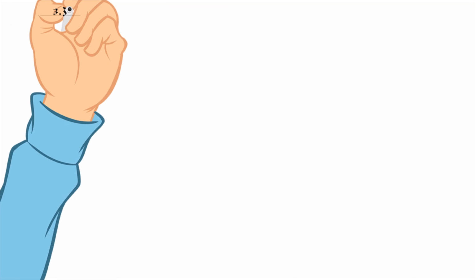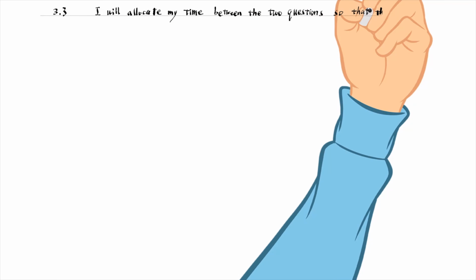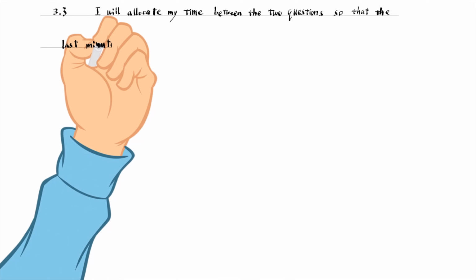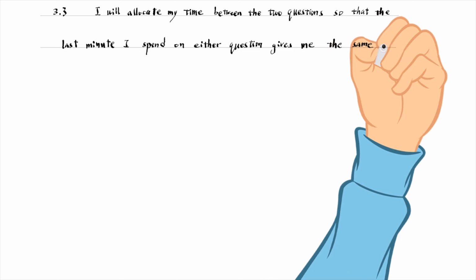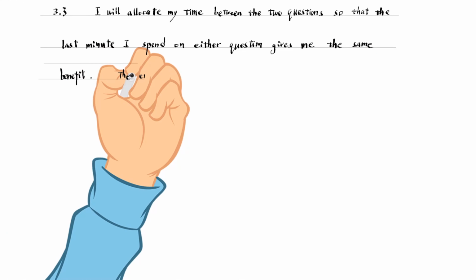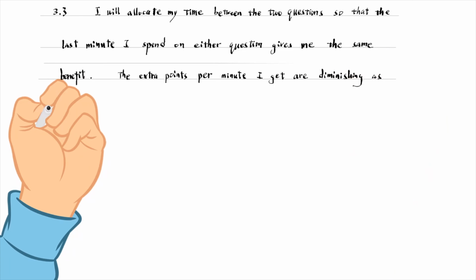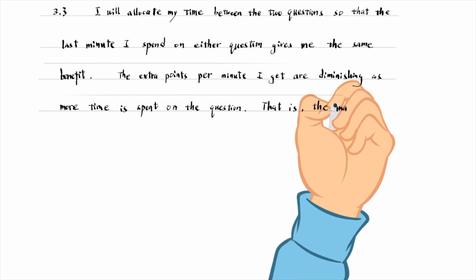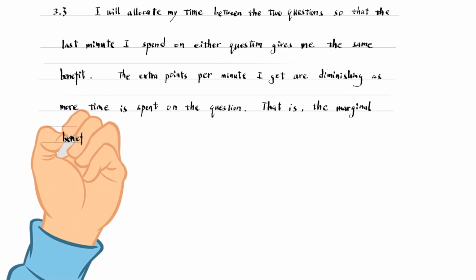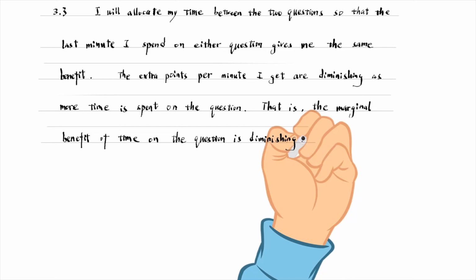I will allocate my time between the 2 questions so that the last minute I spend on either question gives me the same benefit. The extra points per minute I get are diminishing as more time is spent on the question. That is, the marginal benefit of time spent on the question is diminishing.